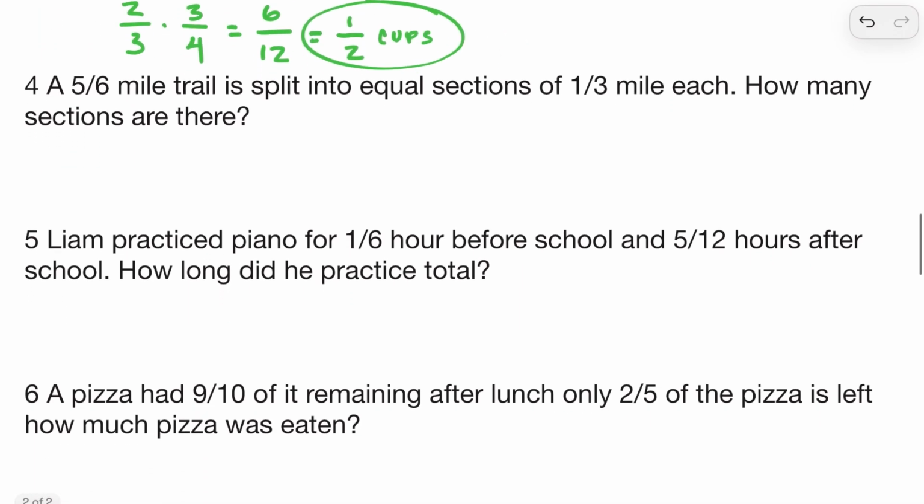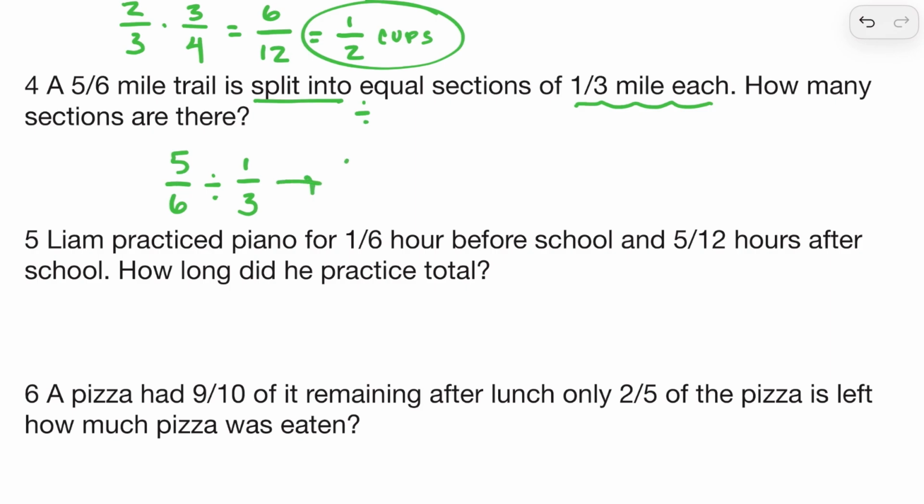Number 4 says a 5/6 mile trail is split into equal sections of 1/3 mile each. Split into, I'm pretty sure we're going to do division. It says how many sections are there? We're going to do 5/6 divided by 1/3.